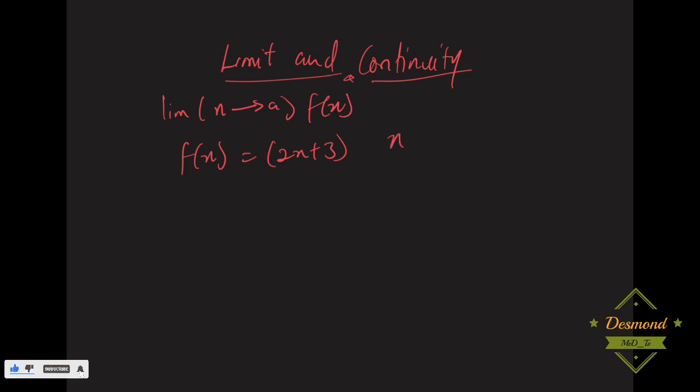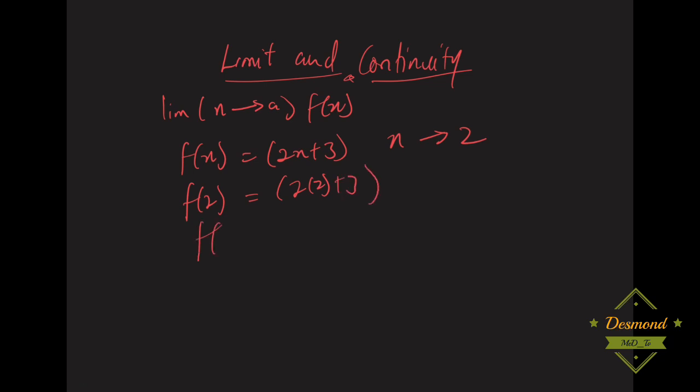So as x approaches 2, f of 2 is equal to 2 open bracket 2 plus 3, and f of 2 is equal to 4 plus 3. F of 2 is equal to 7. So the limit of f of x as x approaches 2 is 7.